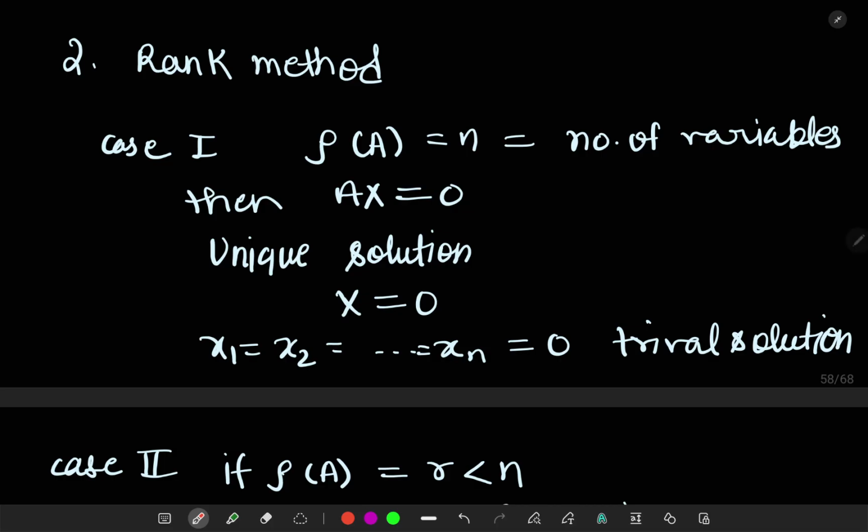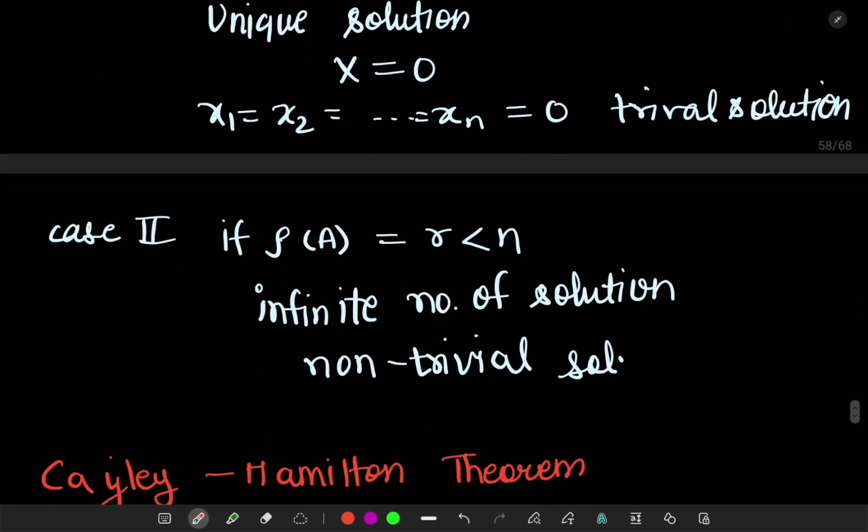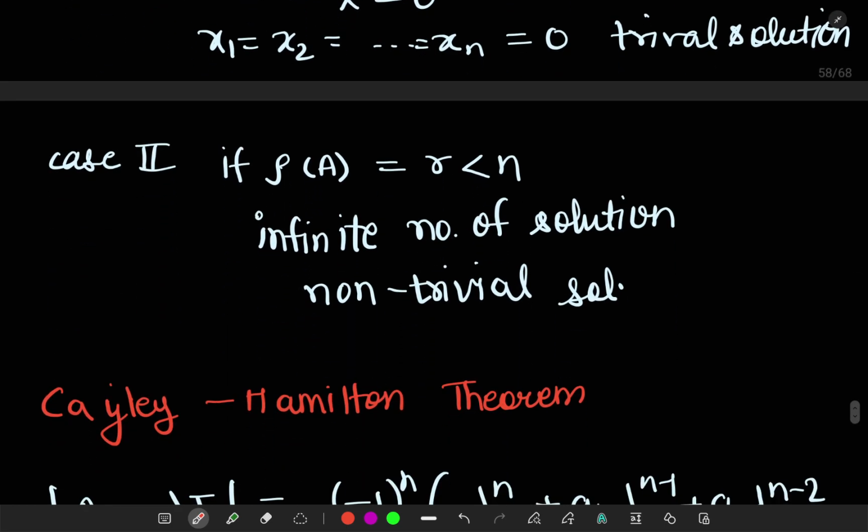X equal to 0, that is x1 equals x2 up to xn equals 0, is called the trivial solution. Case 2: if the rank of matrix A is equal to r, less than n, the number of variables, meaning the order of the matrix, then this is the condition of infinitely many solutions, or non-trivial solution.